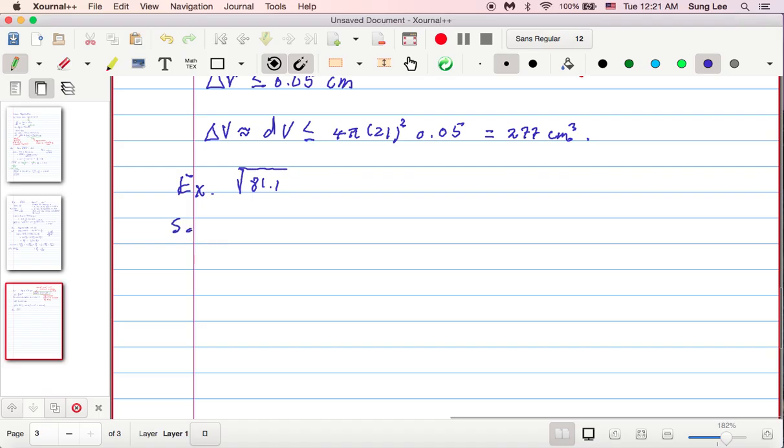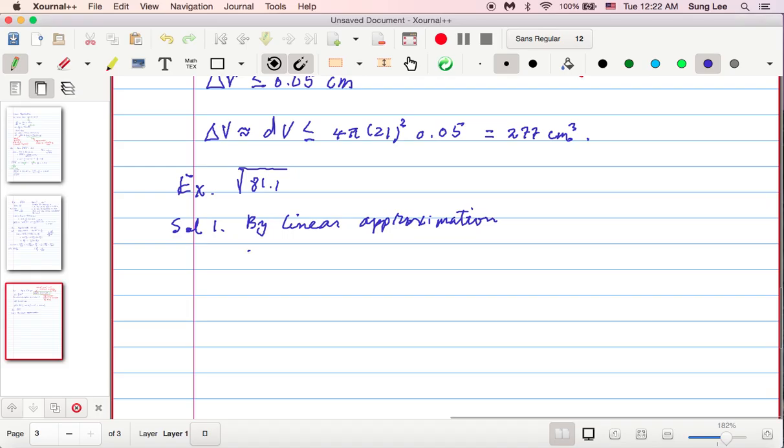The first solution is by linear approximation. We are going to figure out f of x in this case, because we are going to use the linearization L of x.